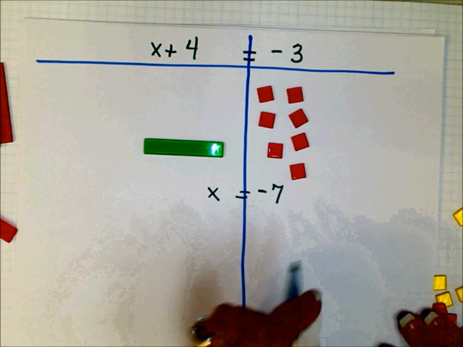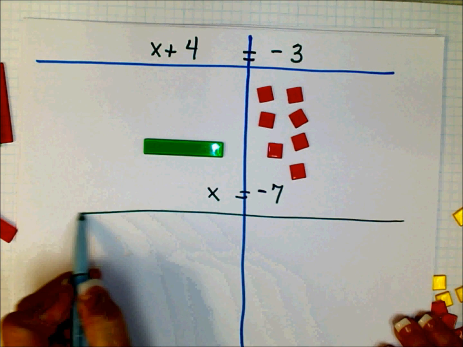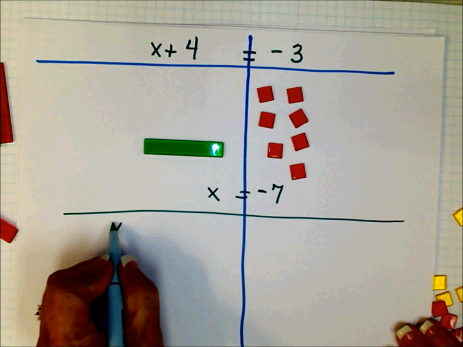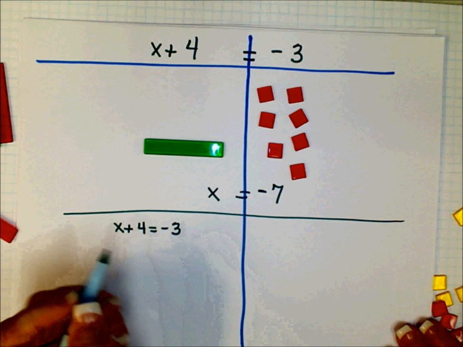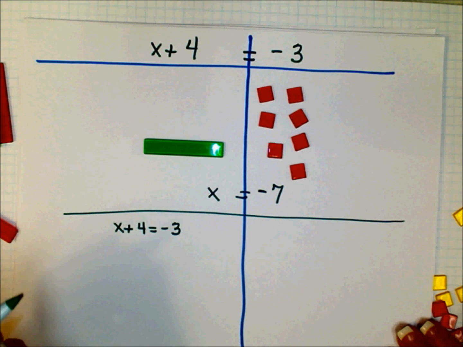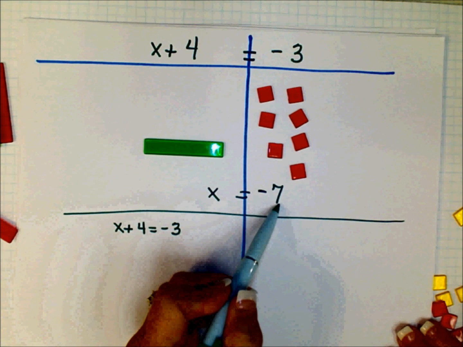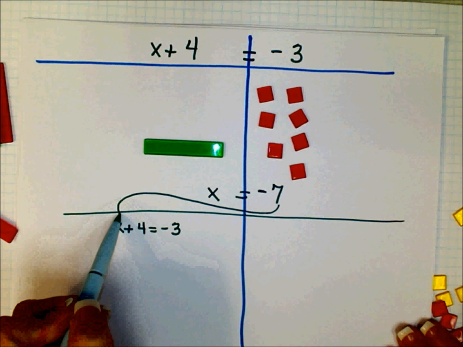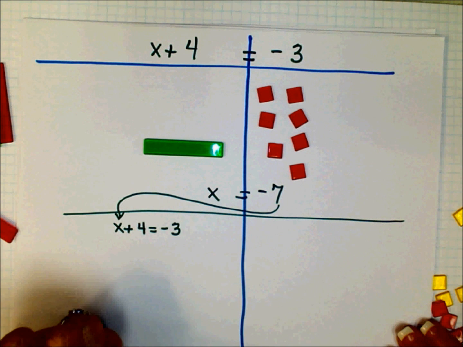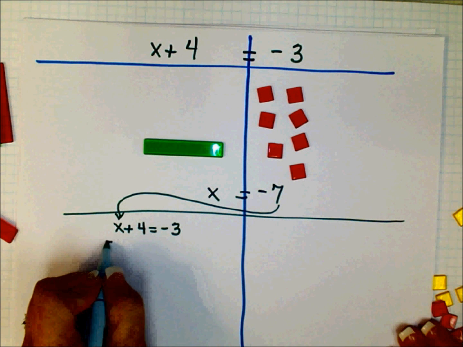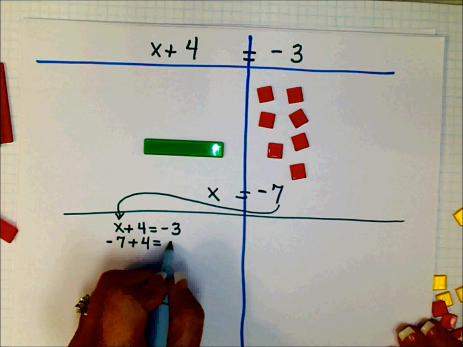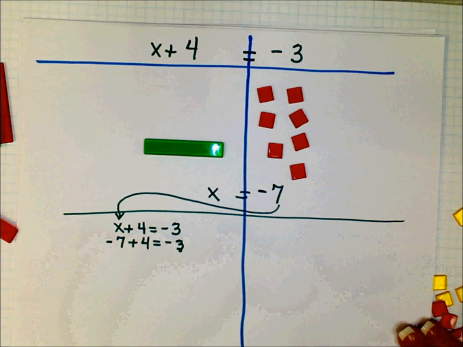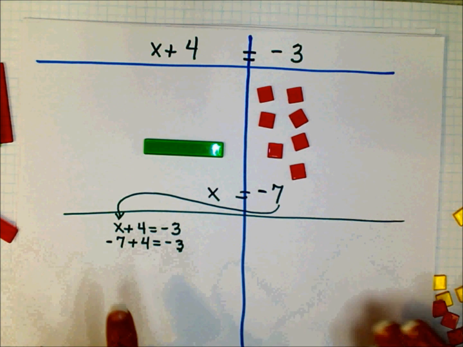So let's see if that's correct. If I have x plus 4 equals negative 3, then remember I can always check my problem by substituting in the value of x for that x in the equation, and then I have negative 7 plus 4 equals negative 3. And remember that when the signs are the same, we add.